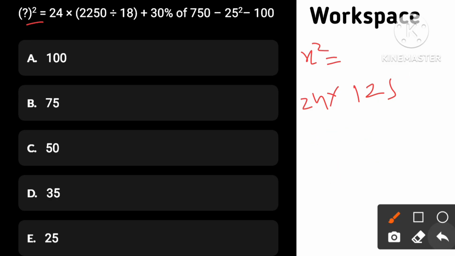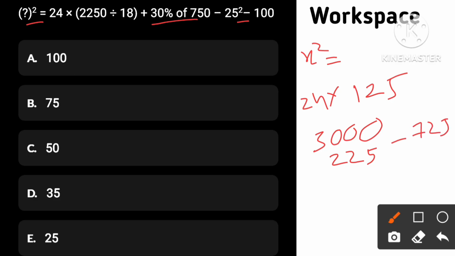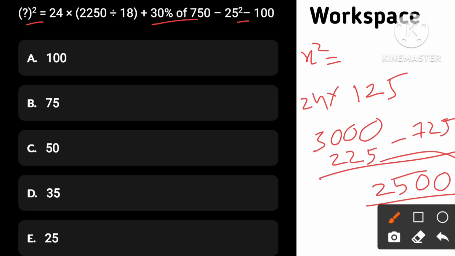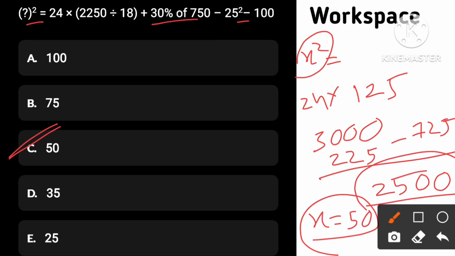So 24 into 125 times will be 3000. So 3000 plus 30 percentage of 750. So 00 cancel, 75 3 times, so 225. So 225 minus 625 minus 100, 725. So minus 725. We need to find this value. 5 and 5 0, 2 and 2 0, and 32 minus 7, which will be 25. So answer will be 2500. The question is x square. So x value will be 50. So option C is our answer.